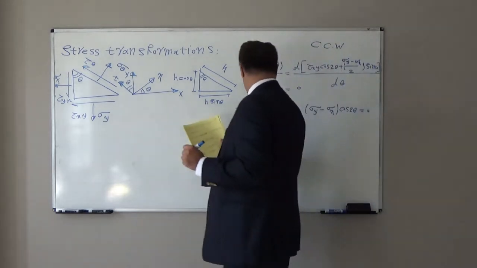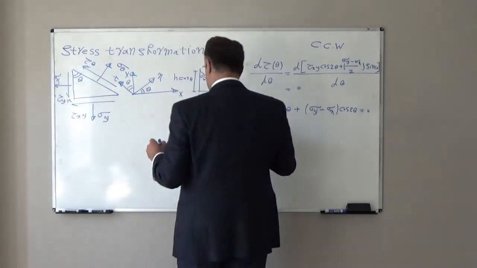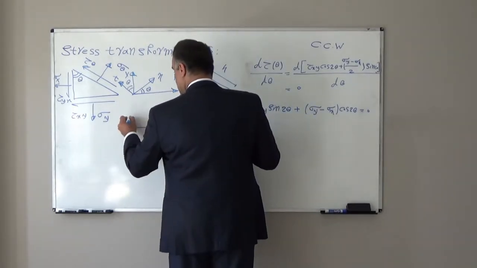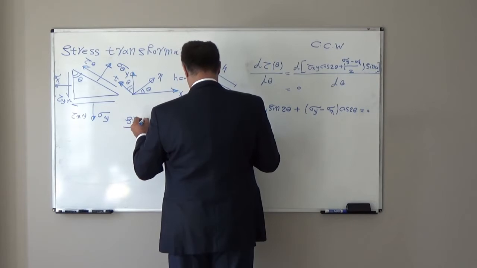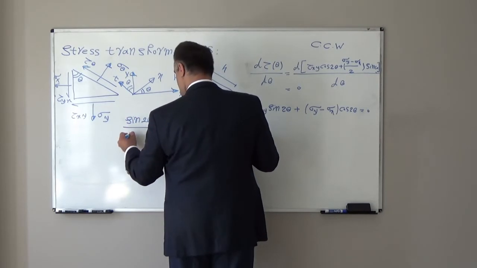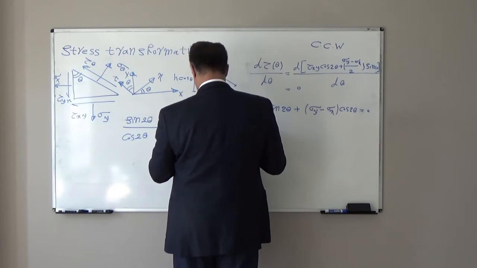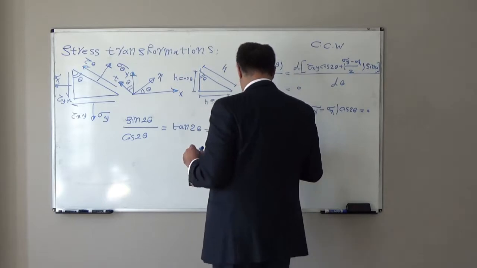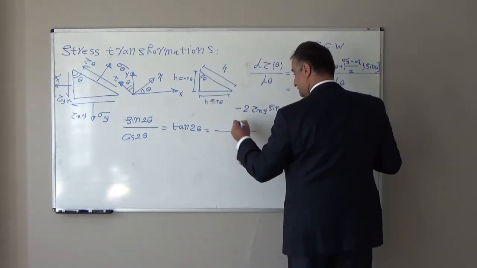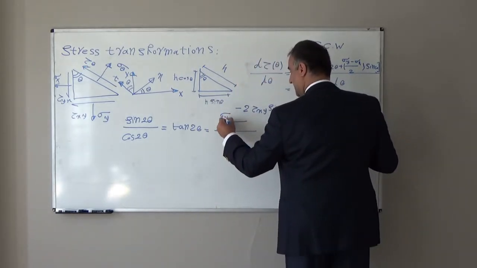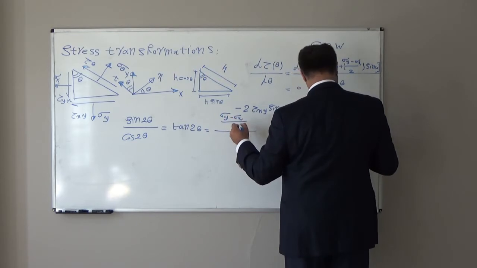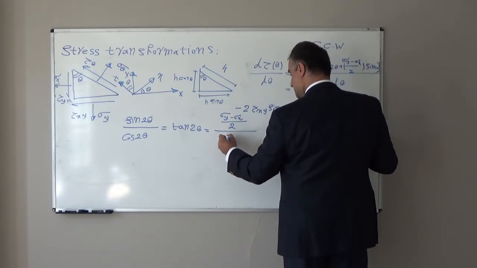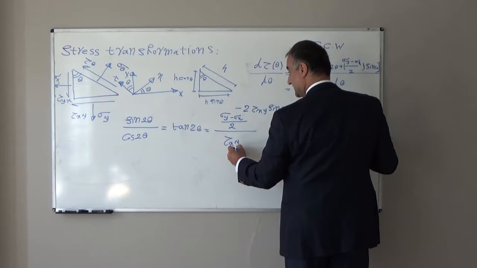From here, if I take it to the other side, I can write sine 2 theta over cosine 2 theta is equal to tangent 2 theta, which is equal to sigma y minus sigma x divided by 2 tau xy.